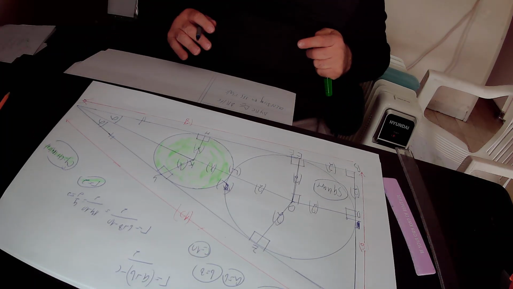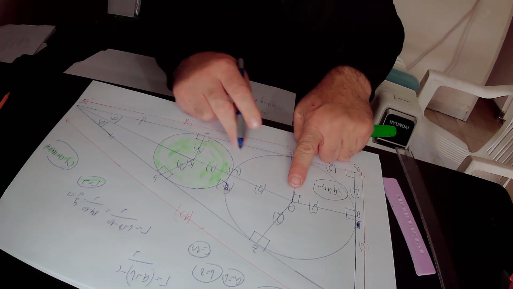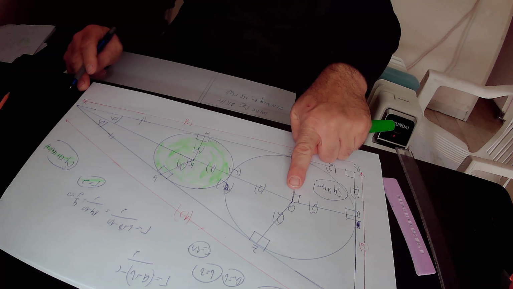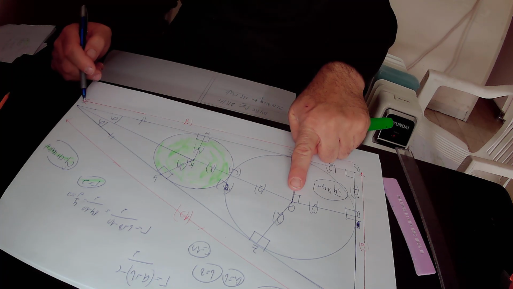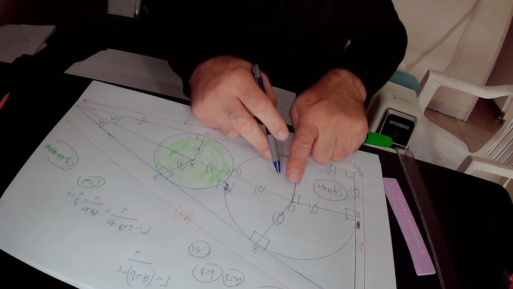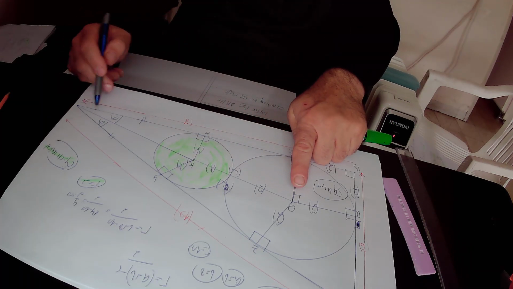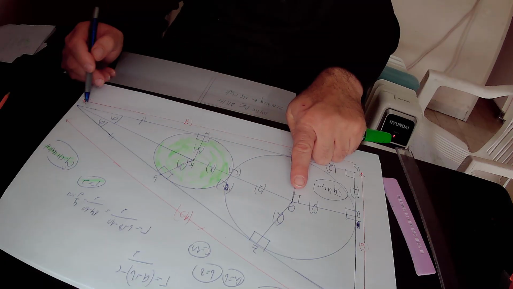In the next step, we will join points O and C together by a straight line. So OC is the straight line according to our construction.